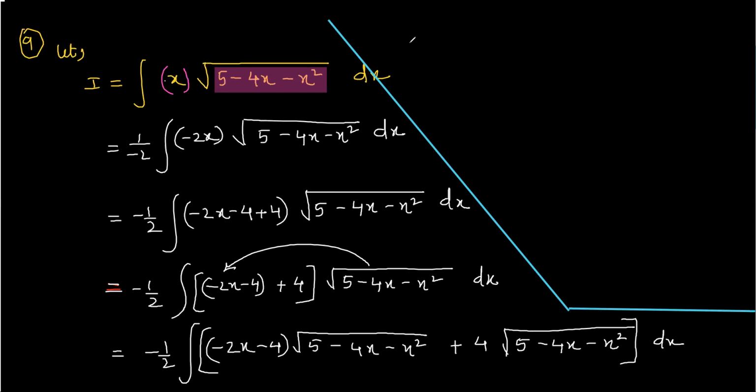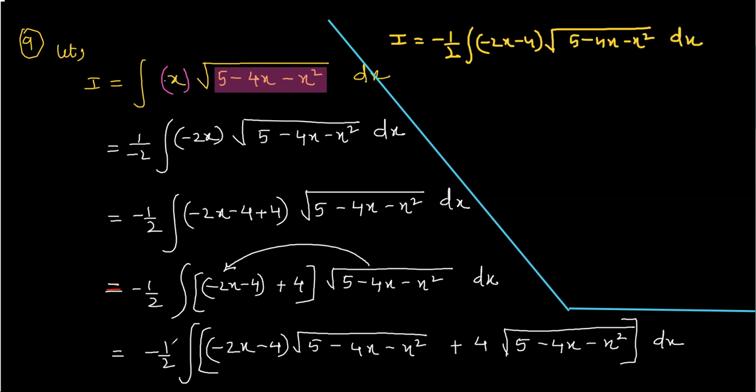I equals minus 1 by 2, and I will write both together: I will write separate integrals, and at the same time I will multiply minus 1 by 2. So minus 1 by 2 integral of minus 2x minus 4 times the square root of 5 minus 4x minus x square dx.